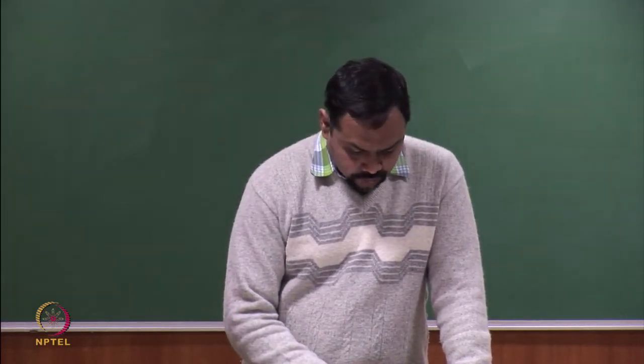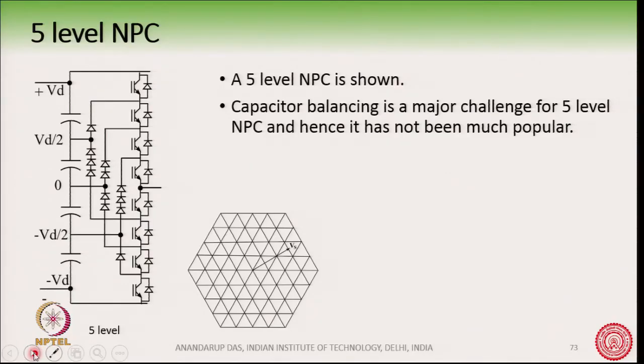Okay. So, how does a 5 level NPC look like? You can see it here in this circuit, one phase is shown. You have 8 switches here for the 5 levels, and there are also clamping diodes, several clamping diodes here. So, let us see a little bit about this circuit.